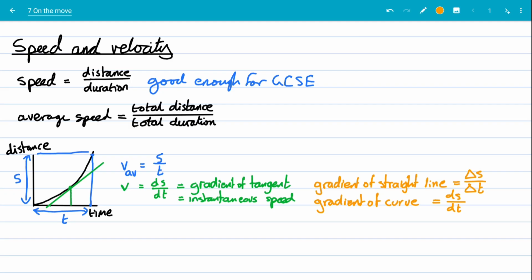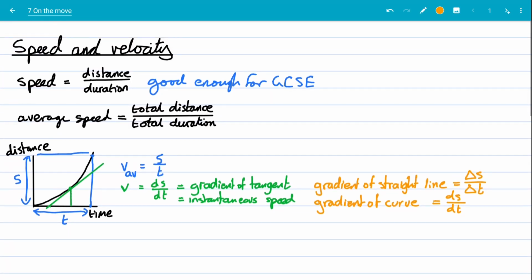But ds by dt could also be used for a straight line.